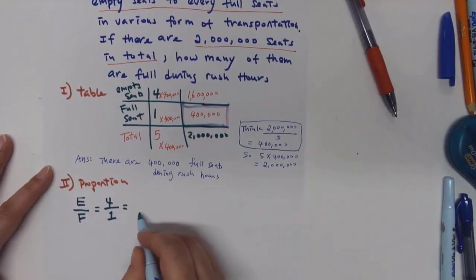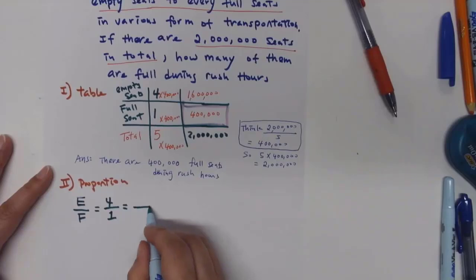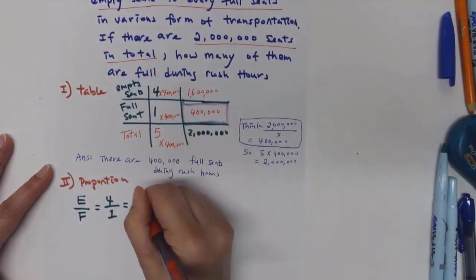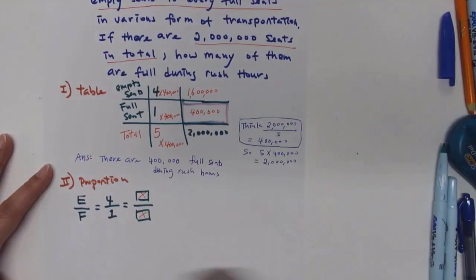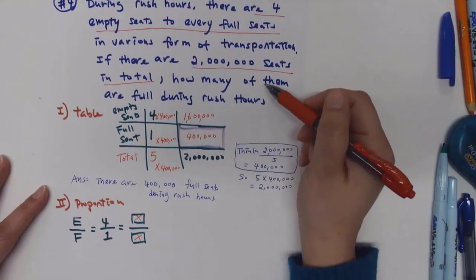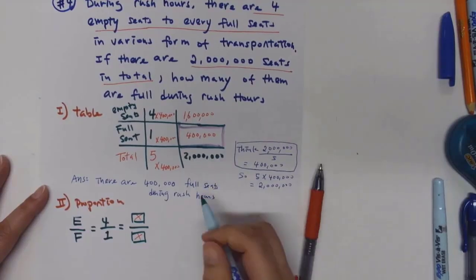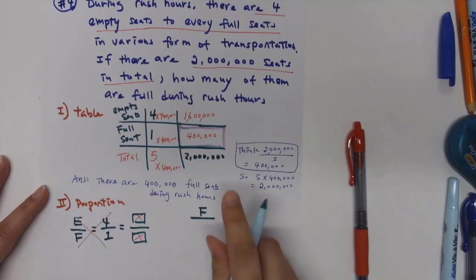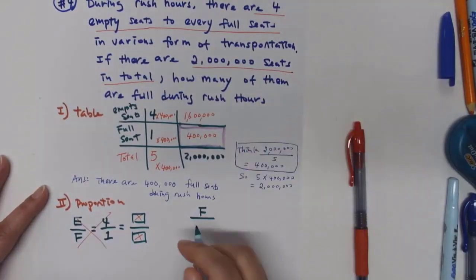But then we don't have a number given here. We don't know this number, we don't know this number, right? So we cannot quite use it like that. The number they gave us is the full seats. We will have to use the proportions of full seats to the total.